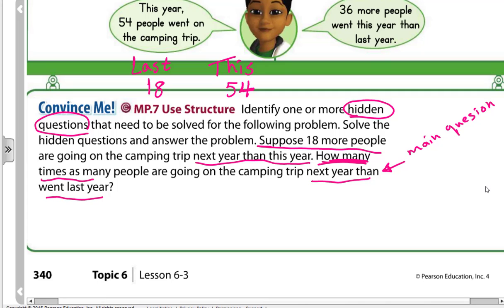Karar, read the main question again. How many times as many people are going on the camping trip next year than went last year? Wait. Do you have the number of next year?